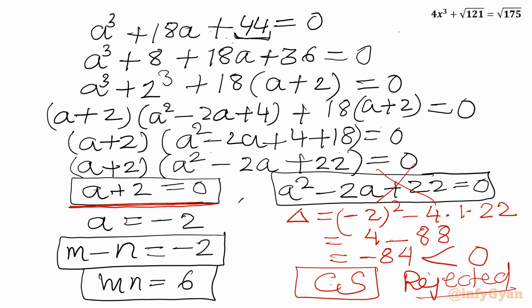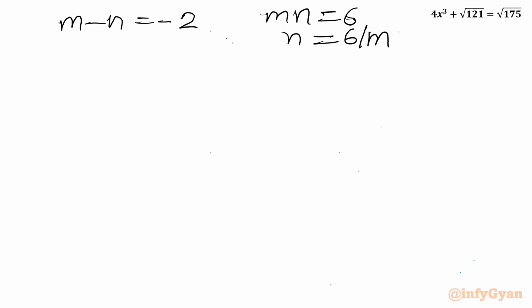So I will be writing here m minus n equal to negative 2 with mn equal to 6. So I can write from here n equal to 6 over m, which I will apply in this equation. So m minus 6 over m equal to negative 2.